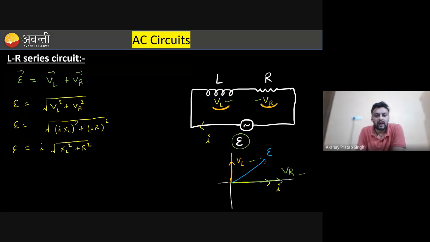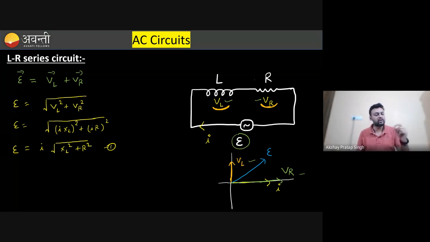Now, after calculating the net EMF, the important thing is, look at me. In the current electricity chapter or in the capacitor chapter, you have seen the equivalent capacitance and the equivalent resistance term, the series combination and the parallel combination.